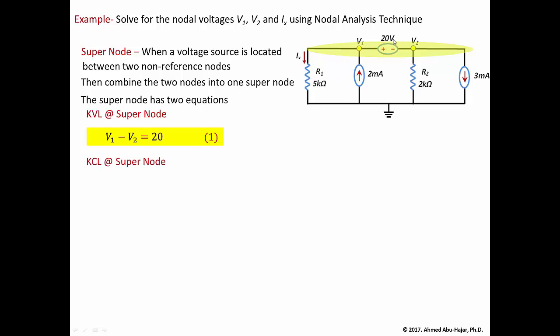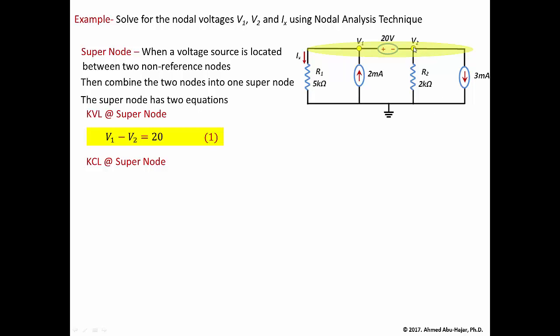The second equation of the supernode is basically to use KCL at the supernode. So you're going to sum all the currents leaving the supernode equals 0. But something you need to pay attention to is the current that leaves this resistor, for example, is going to be V1 over R1.